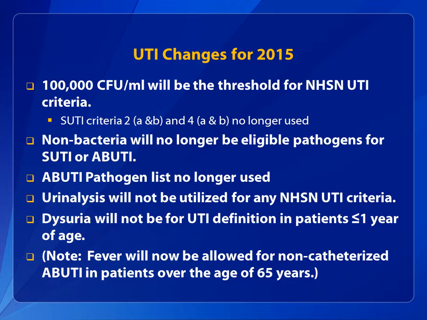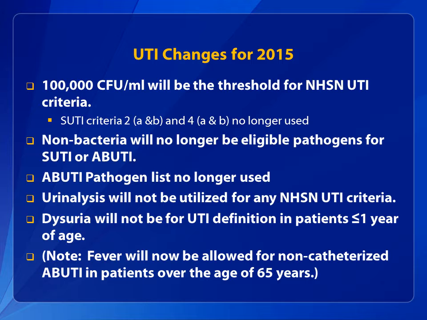Removing colony counts less than 100,000 CFUs per milliliter from NHSN UTI criteria also removes disincentives for urine culture collection in facilities using a threshold lower than this. Therefore, the threshold is raised to 100,000 CFUs per milliliter for 2015. This means SUTI criteria 2 and 4 are no longer used.